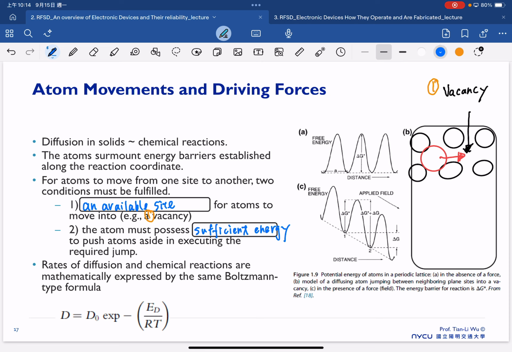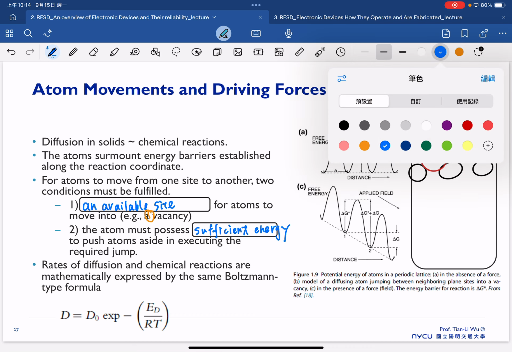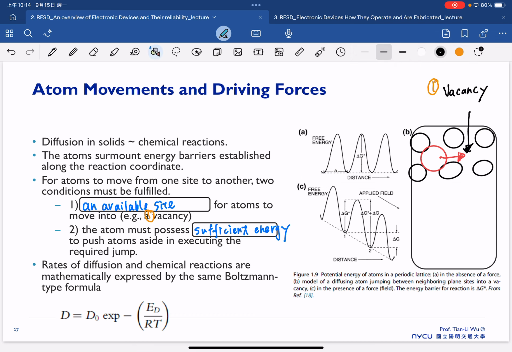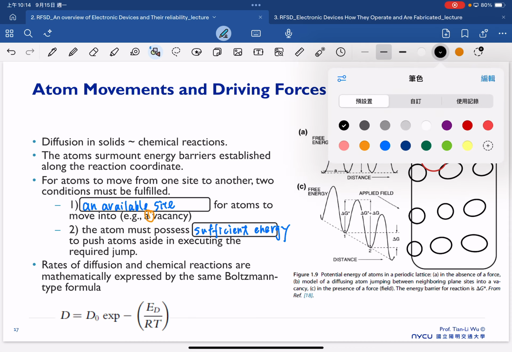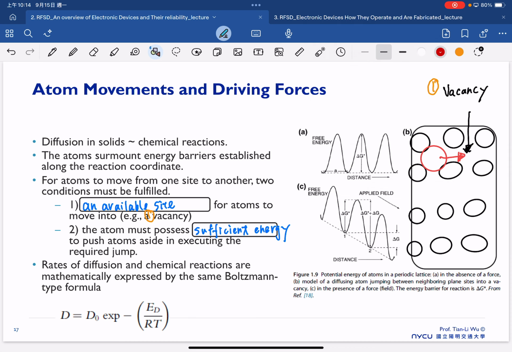So if these atoms want to move from left to right, the atom has to overcome the situation where it comes very close to the other lattice atoms, and this closeness creates a huge barrier.